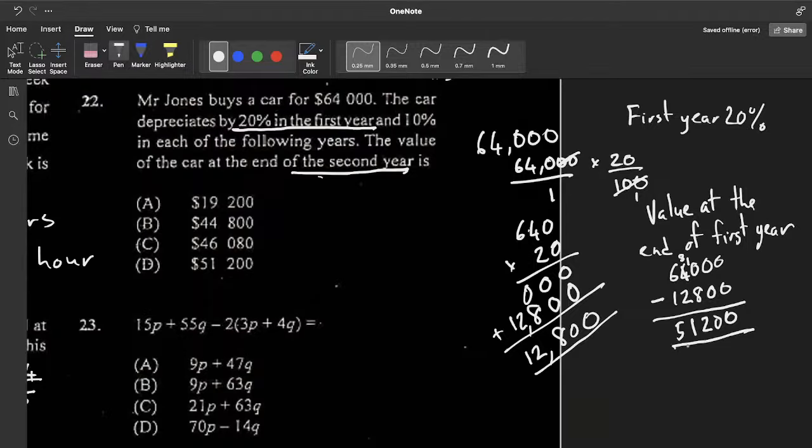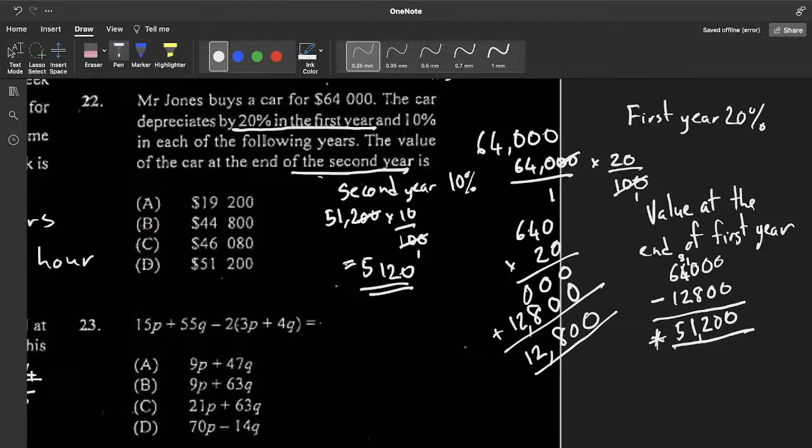Very important. Now for the second year, we need to apply 10%. So now we have to find 10% of this new value over here. Okay, so if we have 51,200 times 10 over 100, 100 into itself goes once, 100 into this, we'll be left with 512 times 10, which gives us 5120.